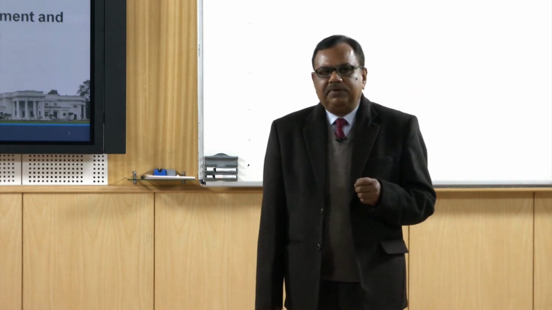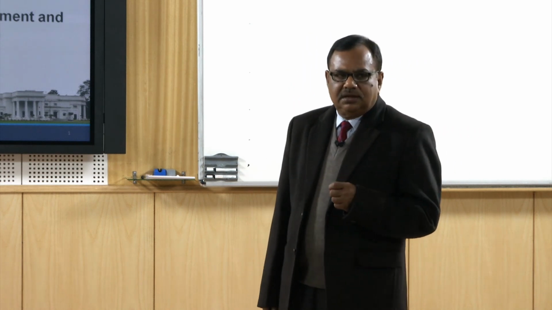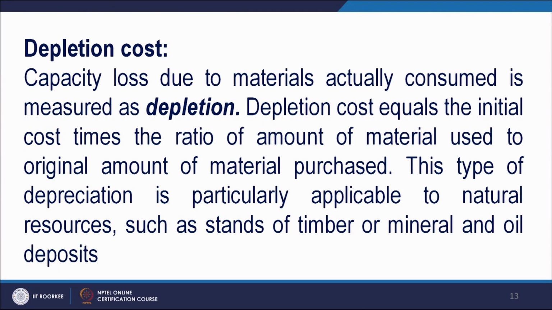Now, what is a depletion cost? Capacity loss due to material actually consumed is measured as depletion. Depletion cost equals the initial cost times the ratio of the amount of material used to the original amount of material purchased.